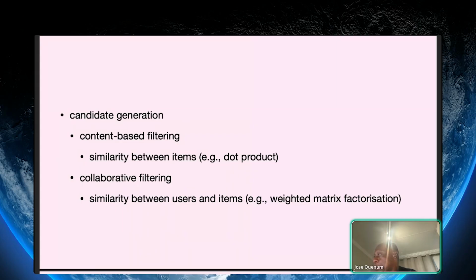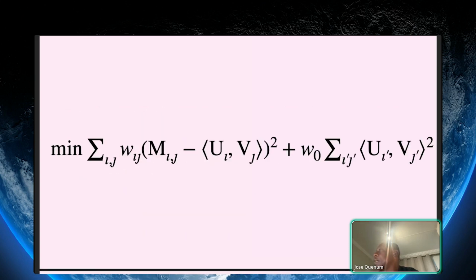One way to do it is to use a weighted matrix factorization, which I summarized here. The idea is to learn two latent matrices, the user representation and the item representation, and get a multiplication of those two matrices that is as close as possible to the interaction data that you've collected.